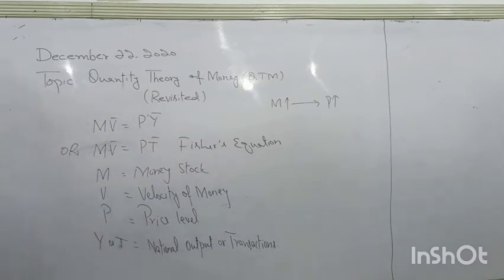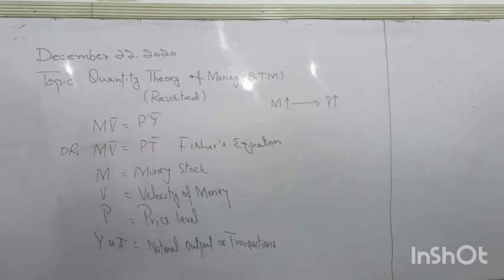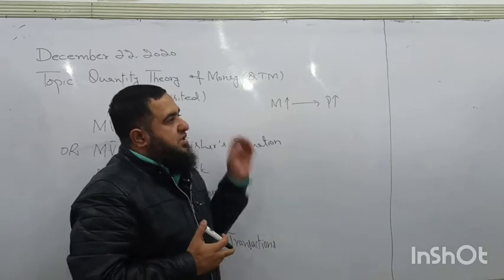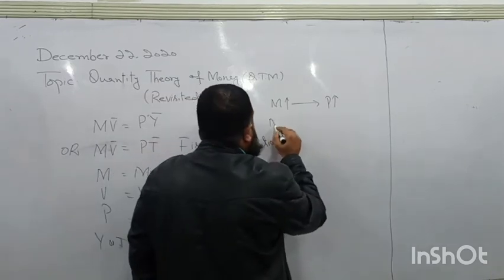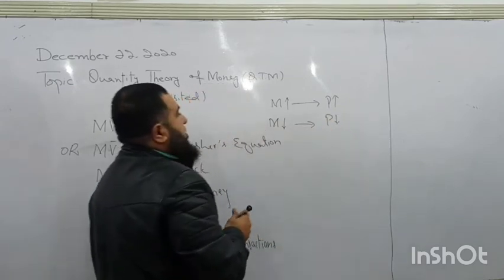If money supply is doubled, the general price level will also be doubled. So an increase in money will cause an increase in price, and a decrease in money stock will decrease the price level.